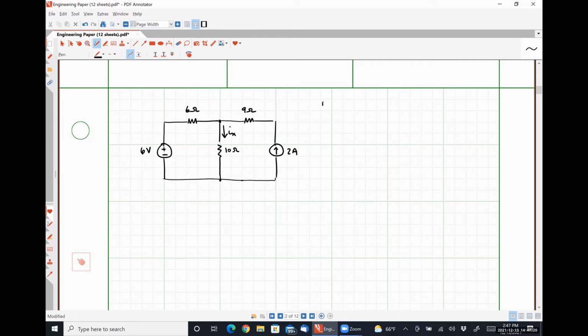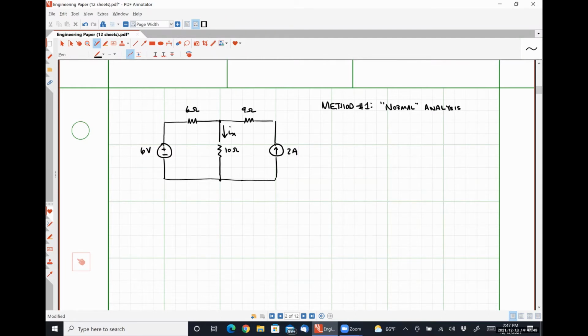So method number one, I'm going to call it normal analysis. For us right now, normal analysis means the application of Kirchhoff's current law, Kirchhoff's voltage law, and Ohm's law.